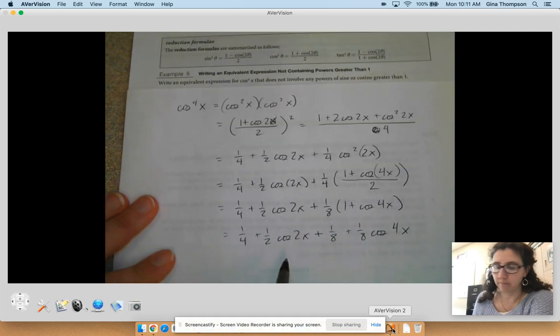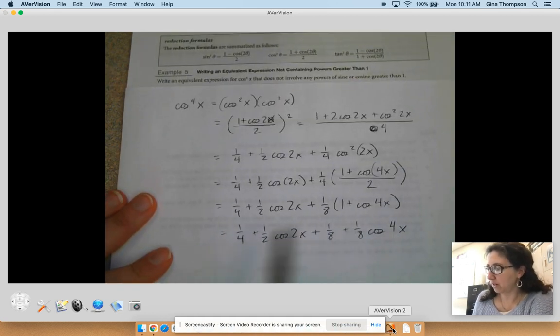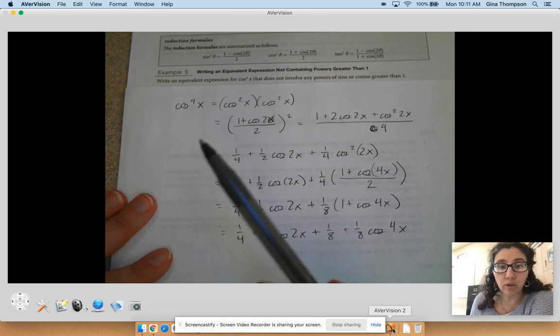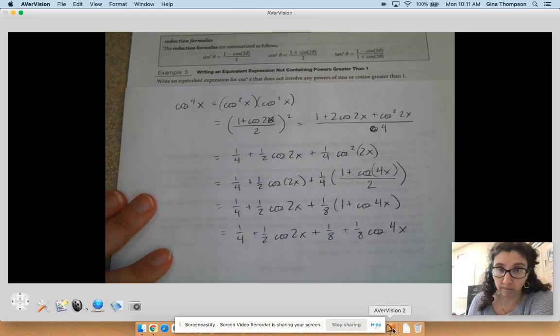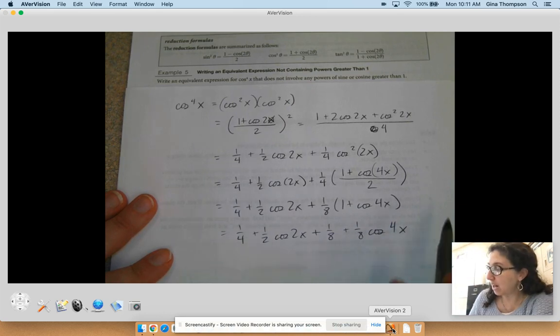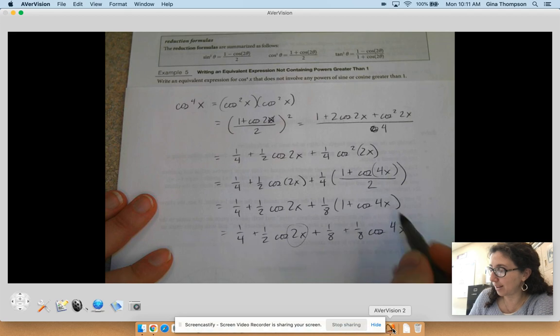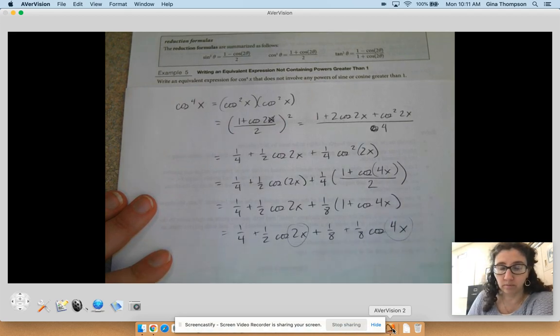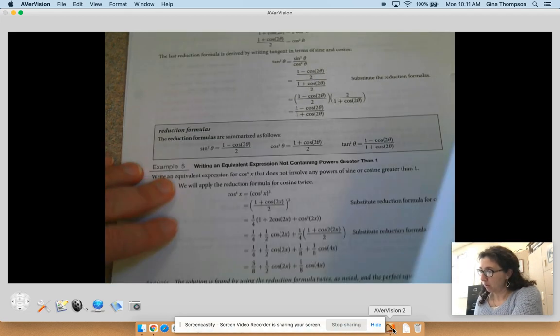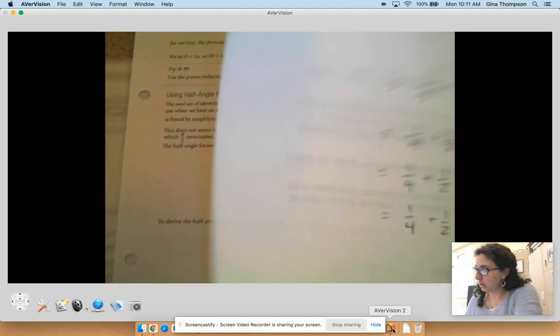So I could add these together. The point is, I had to use this power reduction formula twice, and that's not uncommon. A lot of times on these questions, you do have to use it twice. I ended up with a cosine of 2x and a cosine of 4x. Okay, let's look at another example.